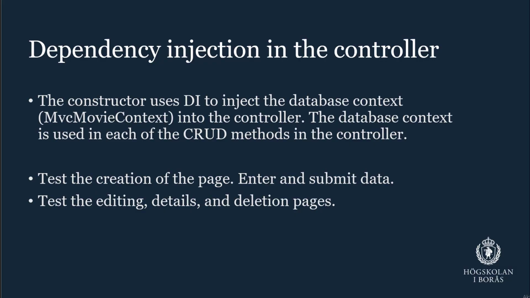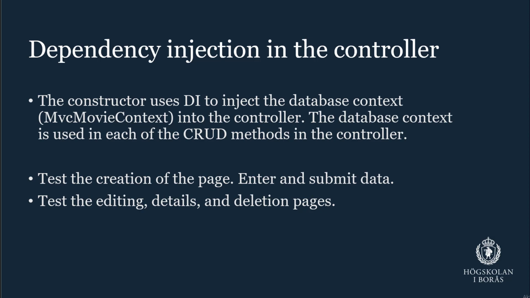So let's review this once more. The constructor uses dependency injection to inject the database context, in our case the MvcMovieContext, into the controller. The database context is used in each of the CRUD methods in the controller, as you can see if you study it. Here you can test the creation of the page, enter and submit data through all of these methods, and by visiting the different views when you run the application.